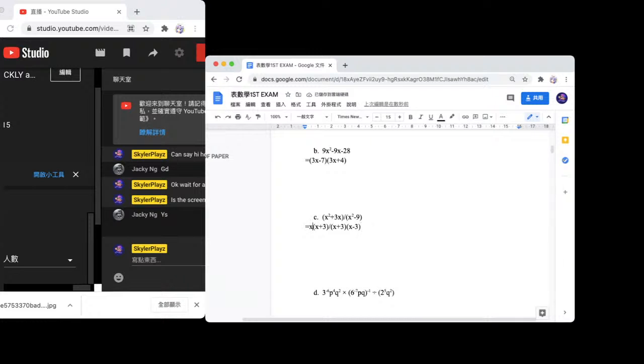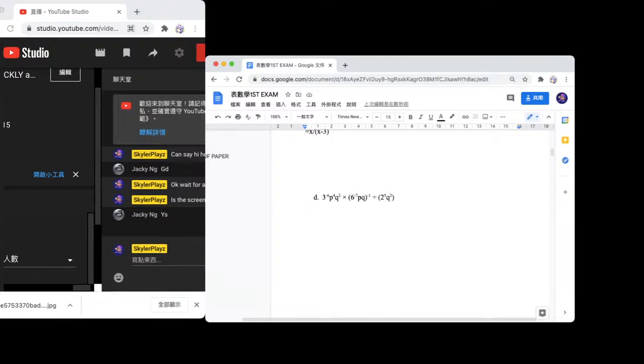And we found that there is a common factor in the fraction, so we can just simplify. And that's the answer. And then the fourth question is the final question in my first part.